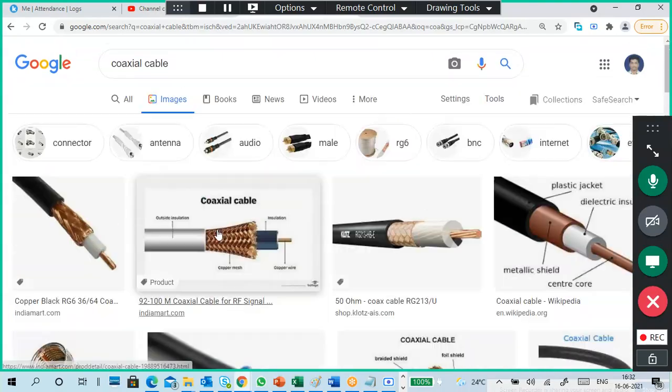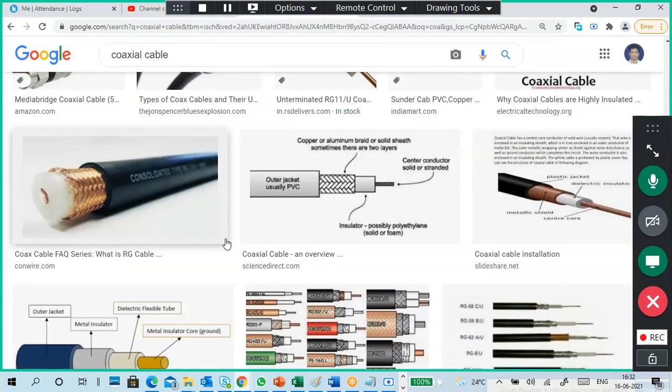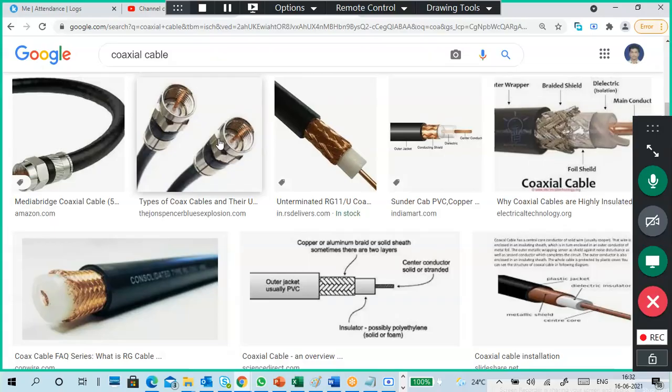But in other countries, initially, like US based countries, they were giving cable connection plus internet connection through the coaxial cables. Now we are getting satellite channels, but initially there were cable TV networks with coaxial cable.